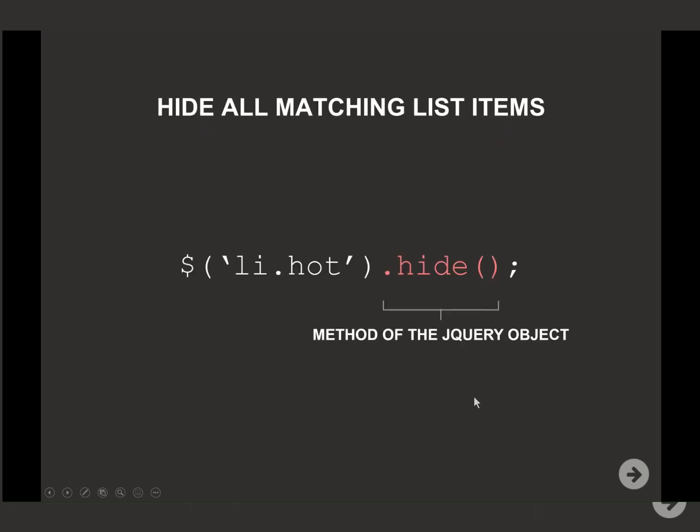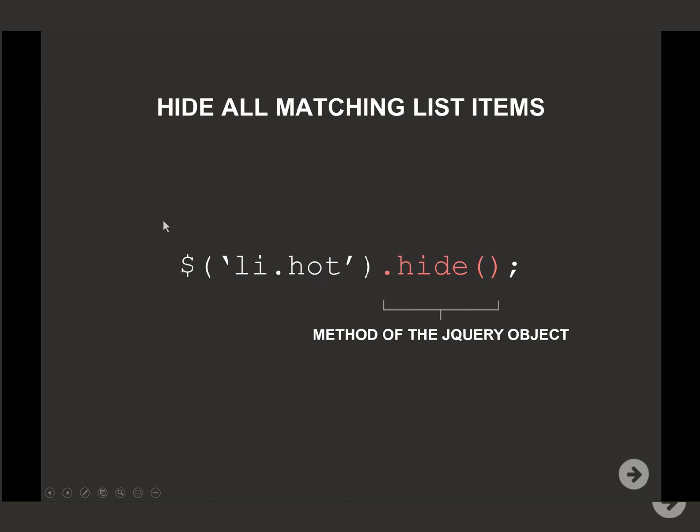Okay. For example, like this one, we find the list items with hot attributes. After that, we will hide all of them. Right? So this is just something you can do on the elements you have selected. So this is a method of the jQuery object. Hide means you want to hide them, and that's the thing we can do.